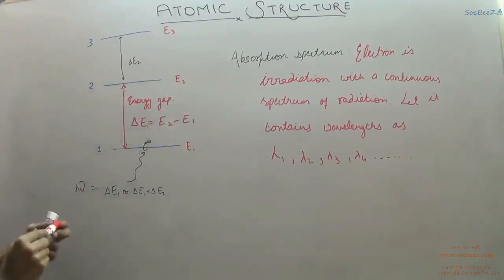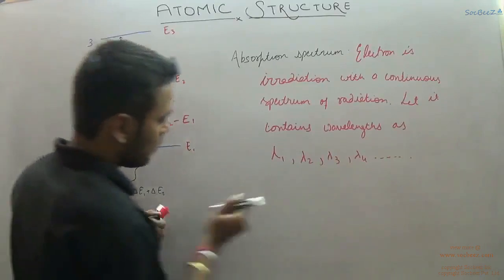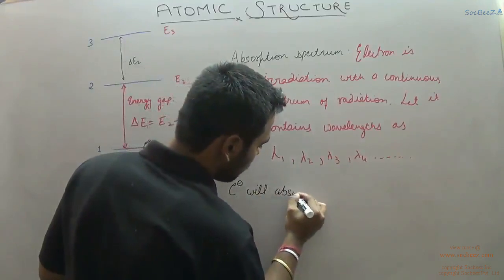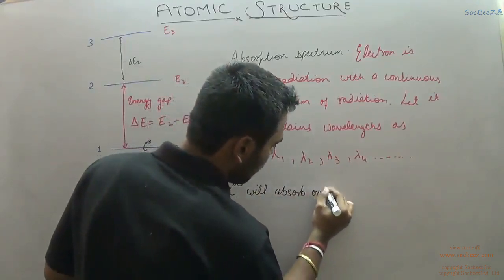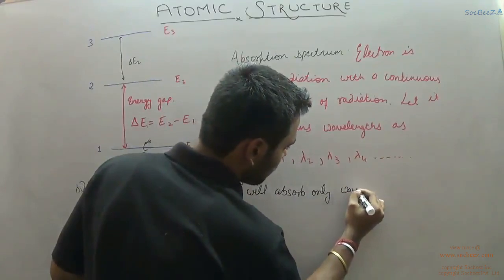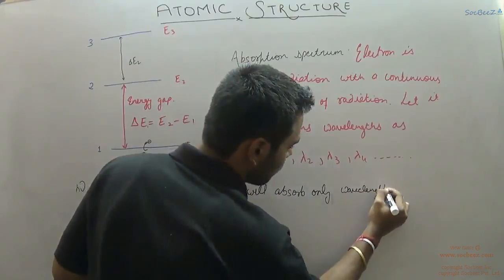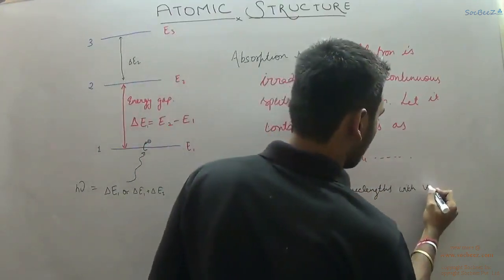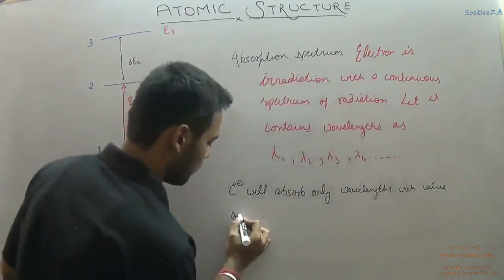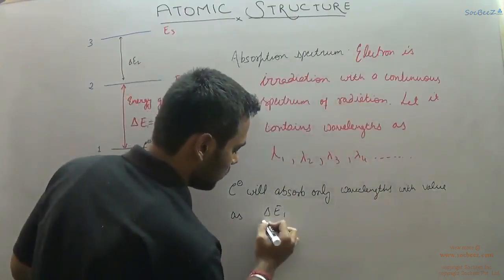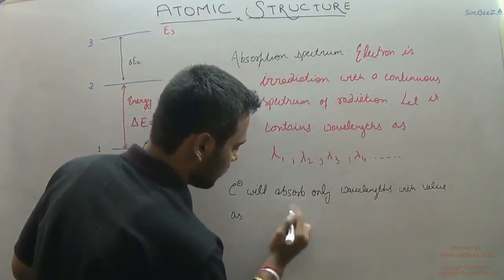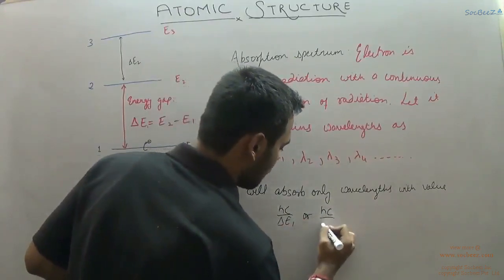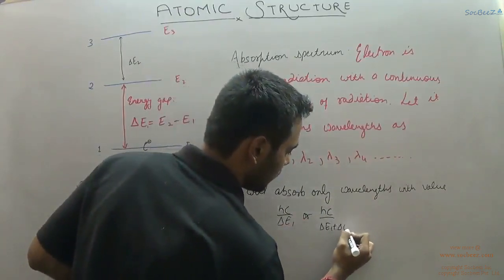So therefore the electron will absorb only wavelengths with value Hc upon delta E1 or Hc upon delta E1 plus delta E2.